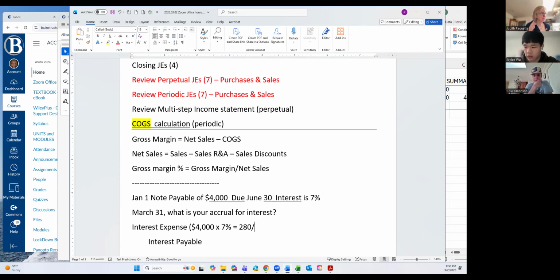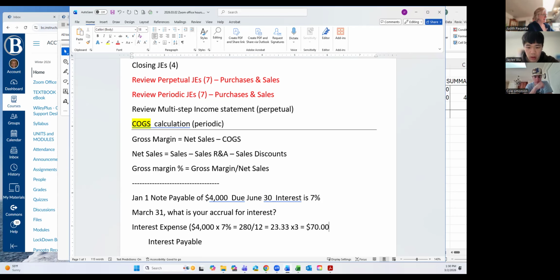Divided by 12. Divide by 12 and you get 23.33. Oh, what a pretty number. And then what? It's quarterly, so multiply it by 3. And that is 70. An even 70, right?